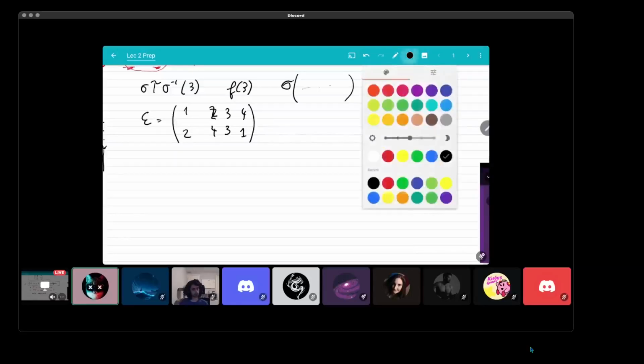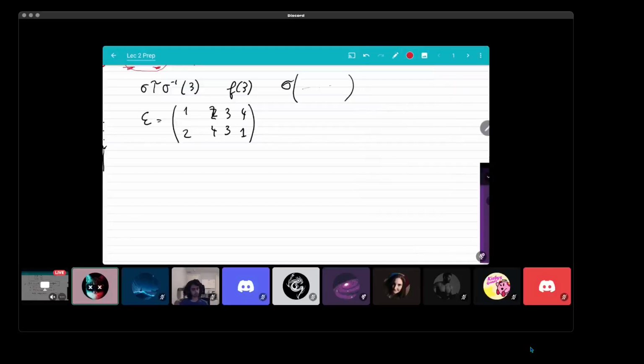For example, in this case, 1 sent to 1 and 4 sent to... Wait, I'm not sure how to construct this.